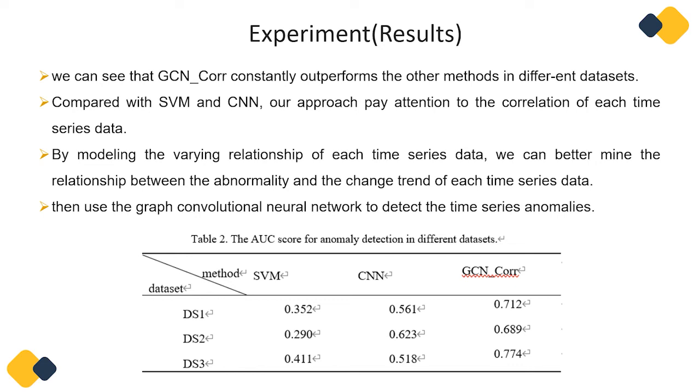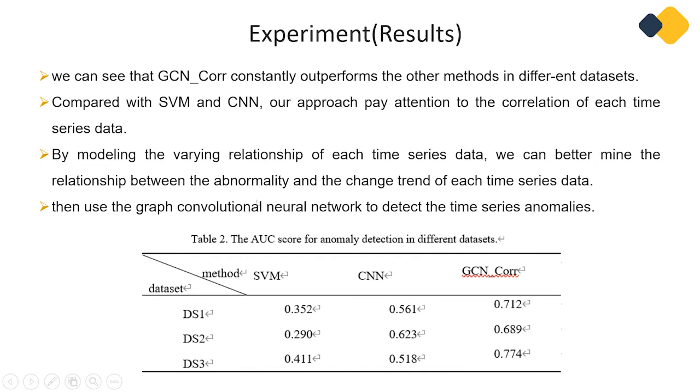We compared our method with 2 commonly used anomaly detection methods, which are SVM and CNN. We applied SVM to learn a model to determine whether the new data belongs to a specific class.